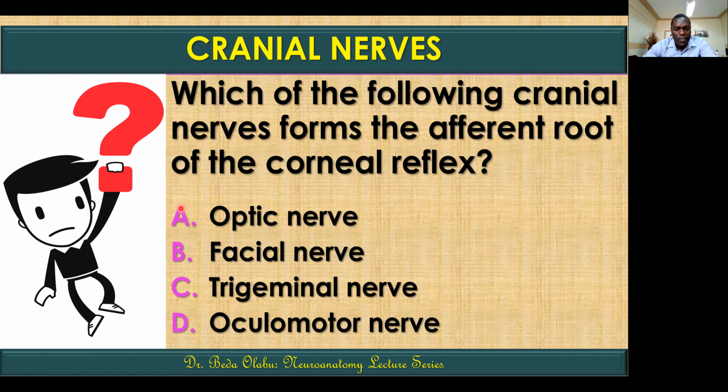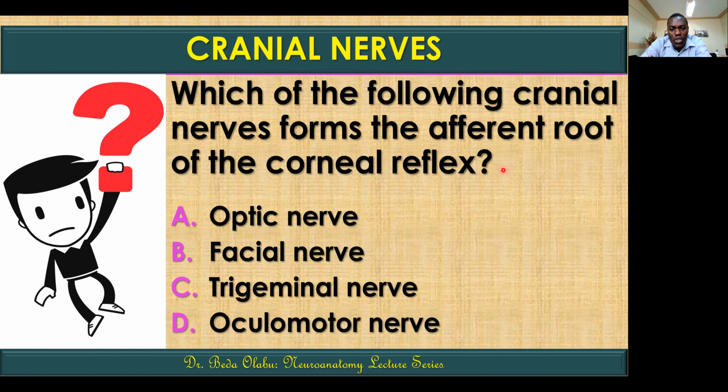I explained this. So remember, for reflexes, we must have an afferent root as well as an efferent root. The afferent root is the sensory root of a reflex. The efferent root is the motor root of a reflex.